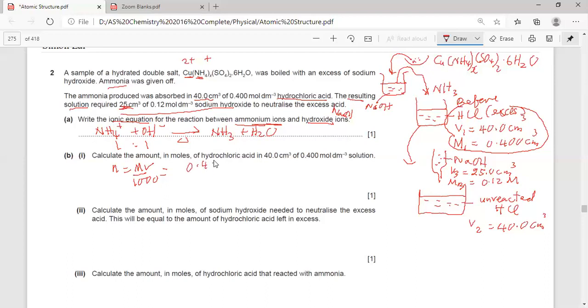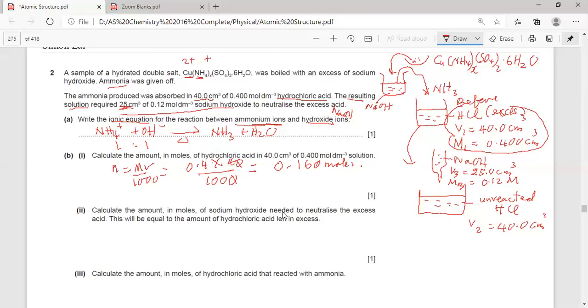0.4 times 40 over 1000, which equals 0.0160 moles. Make sure you are correct.